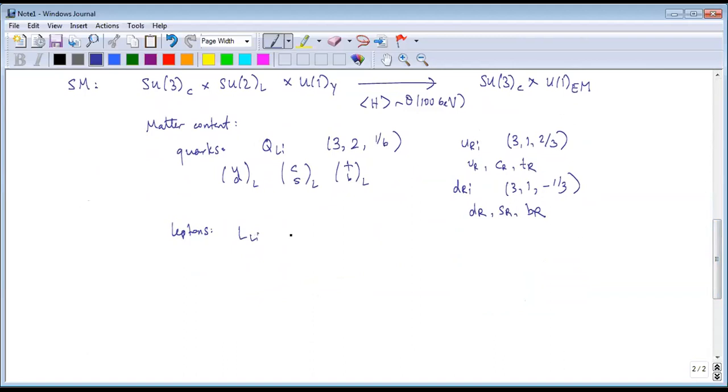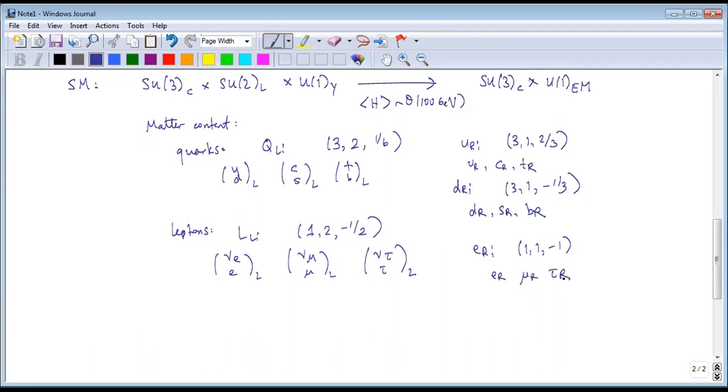here are the lepton doublets, (1, 2, -1/2). We know about these guys. And the charged leptons are these objects, (1, 1, -1), and these are the e_R, mu_R, and tau_R. Now we get back to our caveat about the neutrinos.